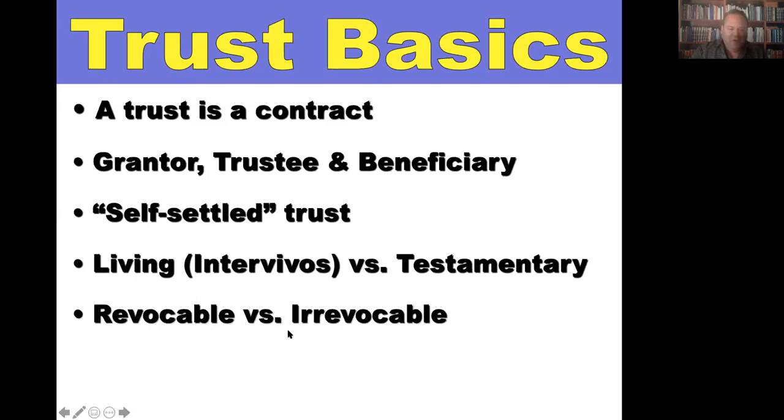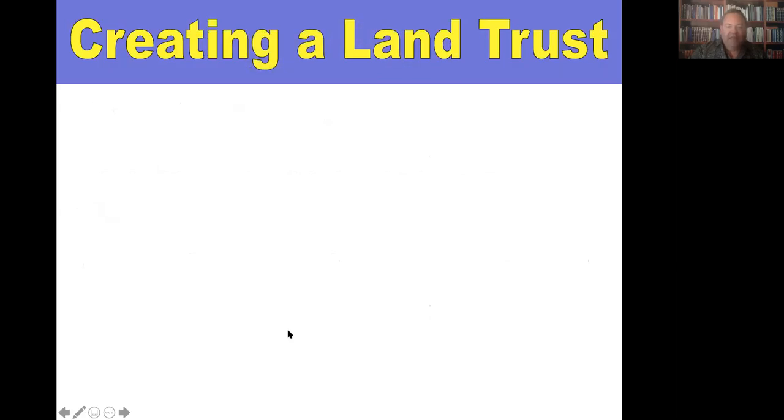So, revocable living trust. And creating the land trust is quite simple. Number one, we need to choose a trustee. Let's talk for a minute about who that should be. Ideally, in most cases, it's not going to be you, especially if your name is going to be on the deed as trustee. We'll talk more about that in a bit.